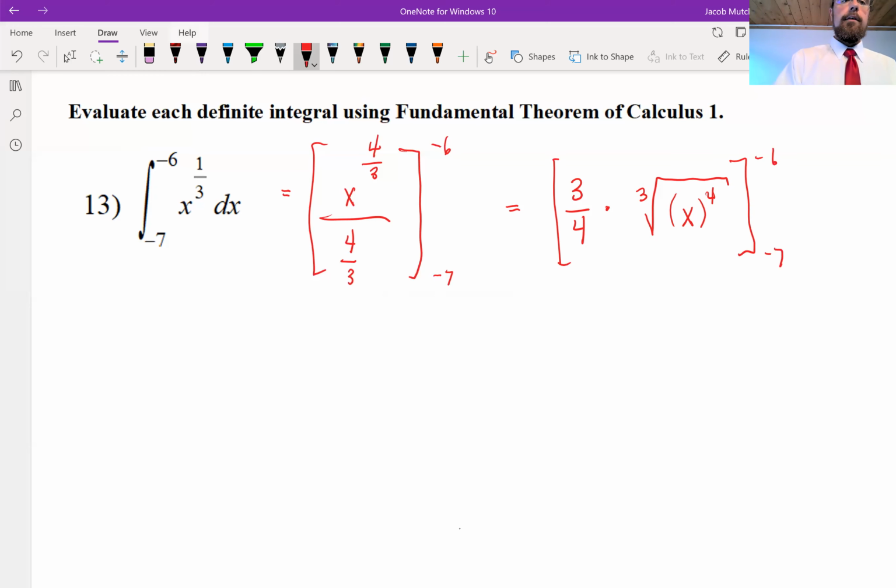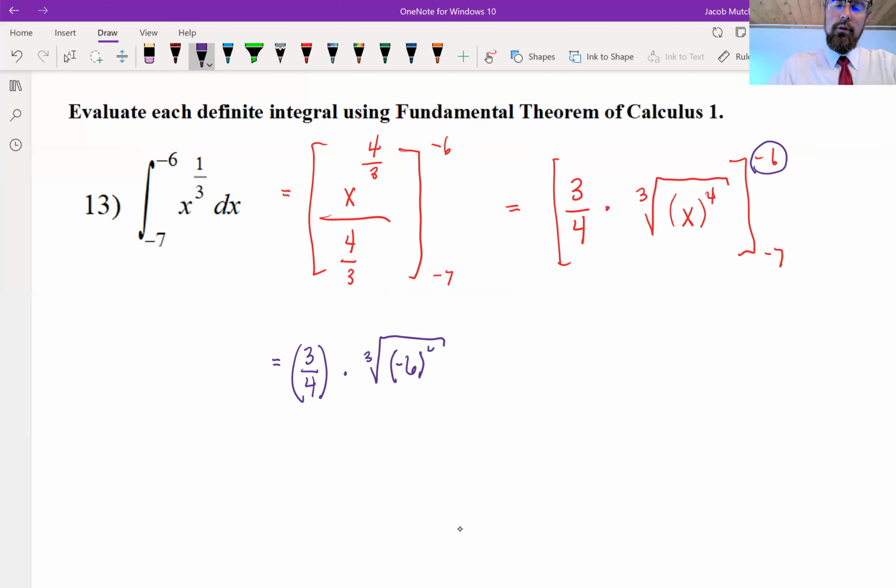Now let's apply the fundamental theorem of calculus to find that value. So I've got 3/4 as a coefficient. So what I'll do first is substitute in the upper limit of integration, negative 6. So that's going to be times the cube root of negative 6 to the power of 4.